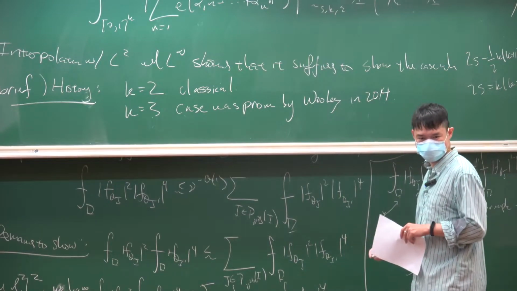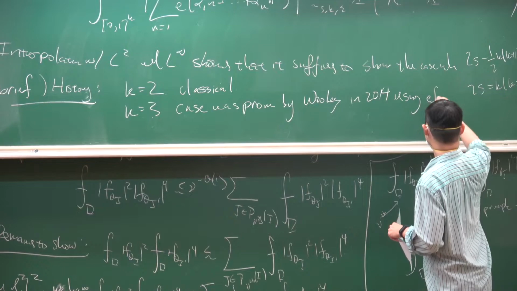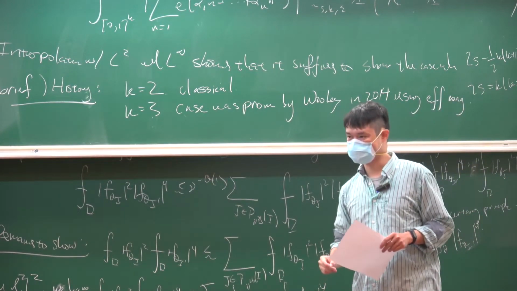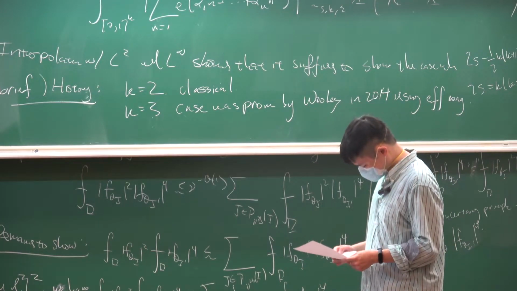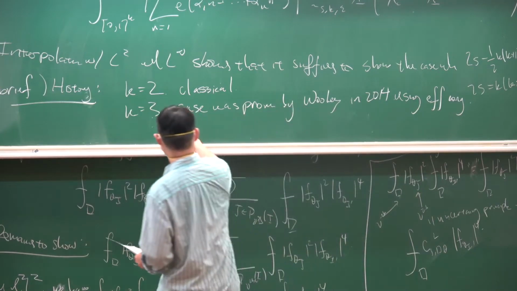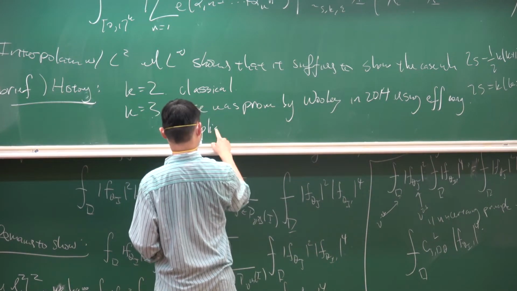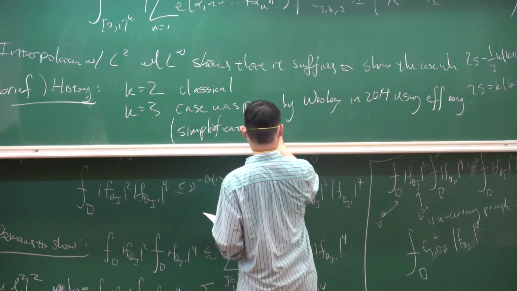So that's about 79 years. Using efficient congruencing, this method of efficient congruencing that I'll hopefully have time to introduce. And in 2015 there was a simplification by Heath Brown.